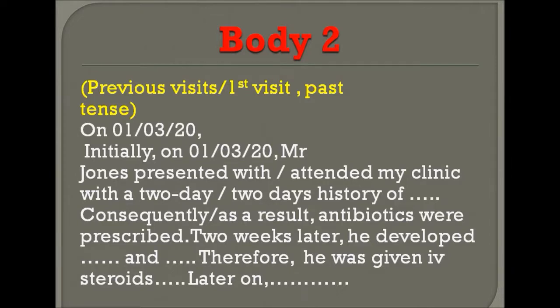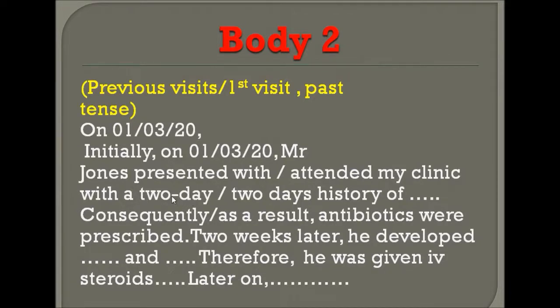Mention the patient's very initial visit, first visit. Okay, in this paragraph you will mention previous visits, the very first visit. In the very first paragraph, it will always be in the past tense. You can start like this: on 1st March 2020, or you can start like initially, comma, on 1/3/20 Mr. Jones presented with, or you can also write like this: Mr. Jones attended my clinic with a 2-day.